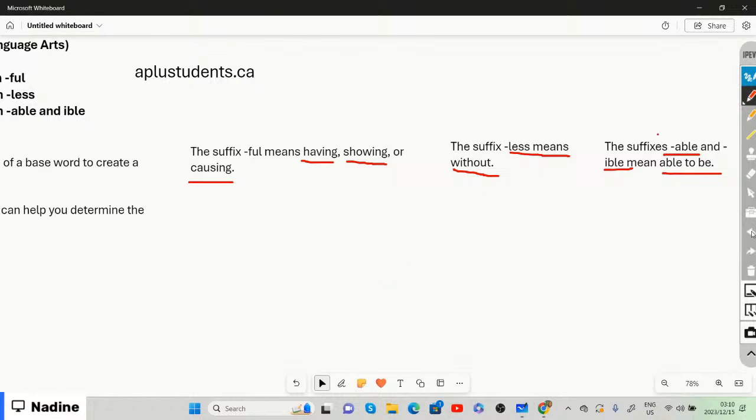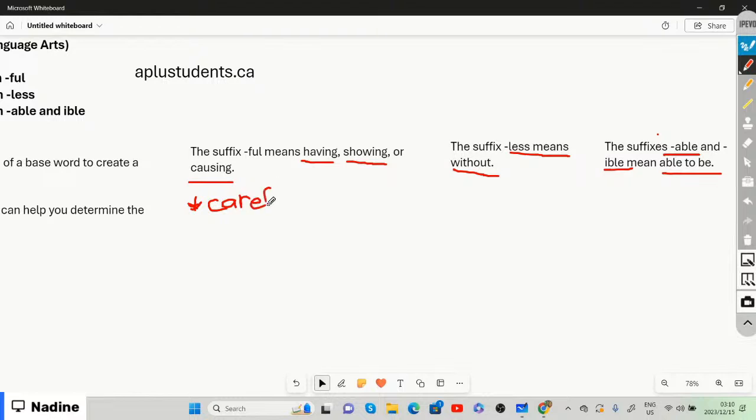Firstly, let's look at a few examples of suffixes with full. We have a word like careful.